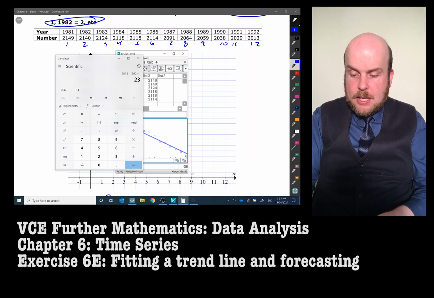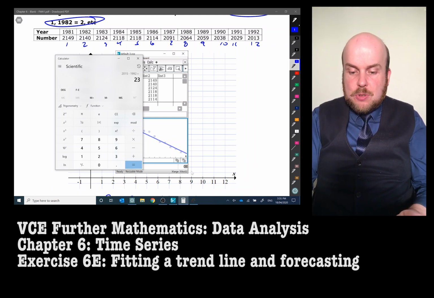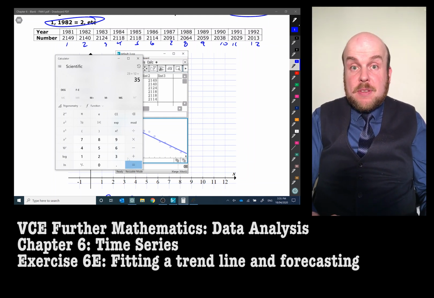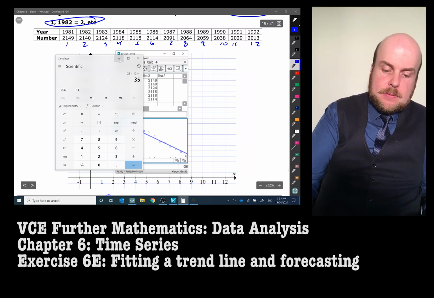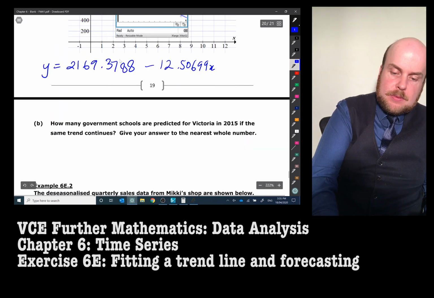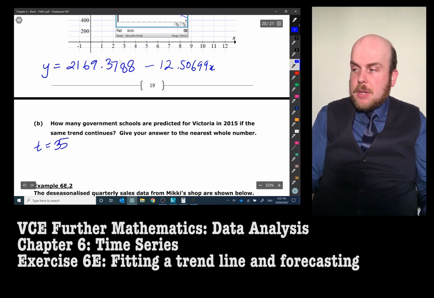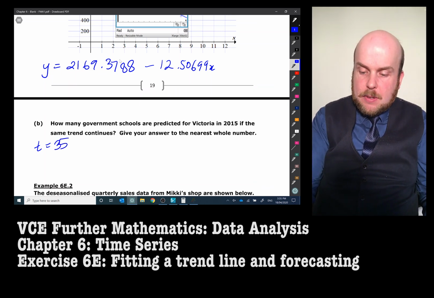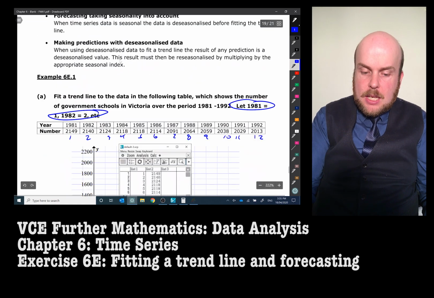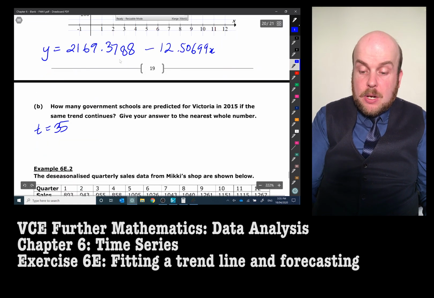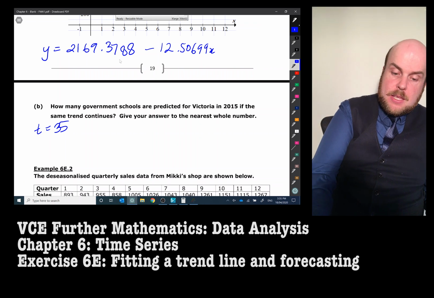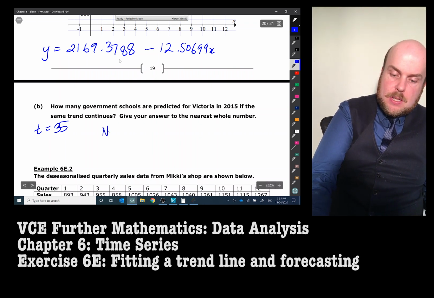So that's 23. So add that to 12. So that's at the 35th year. So we're going to go and find the number of schools. So that's going to be the y value.